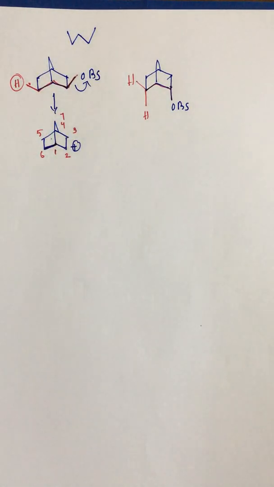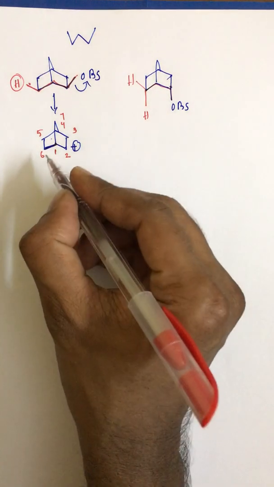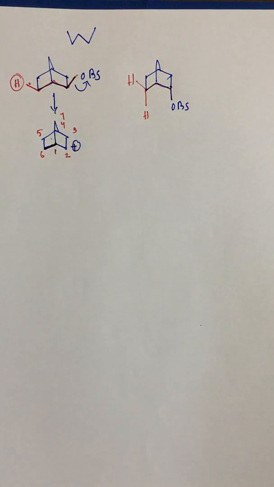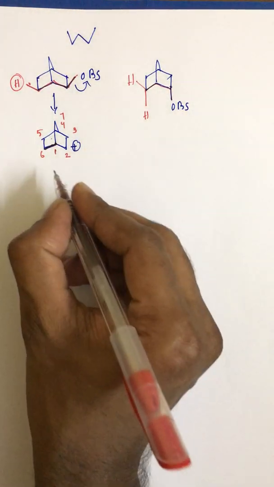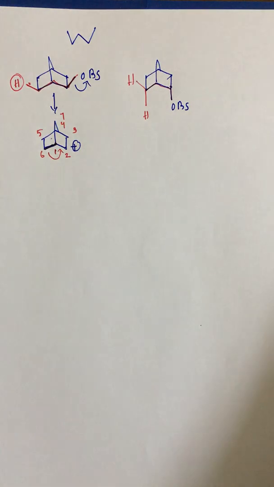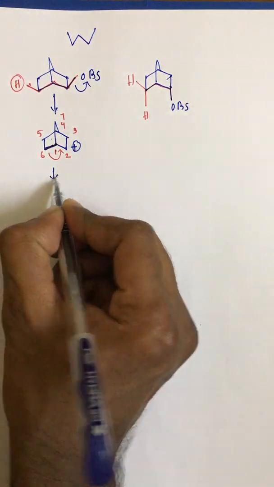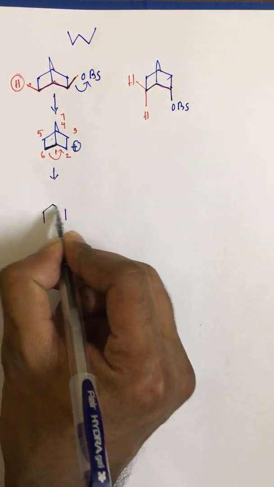There may be a question, which bond is involved in neighboring group participation in bicyclic compounds? The bond between C1 and C6 is involved. So this bond goes from here to there, and now we have a non-classical carbocation.